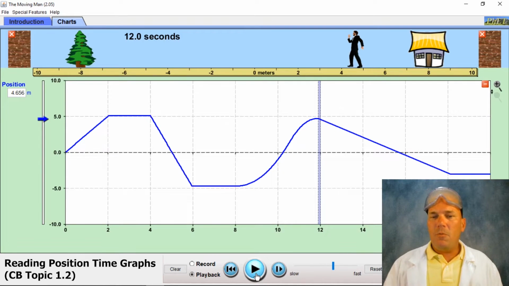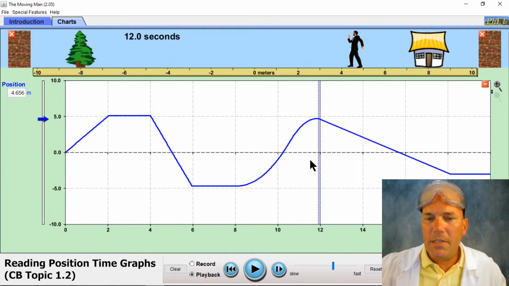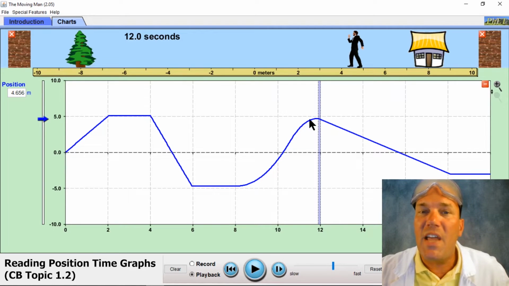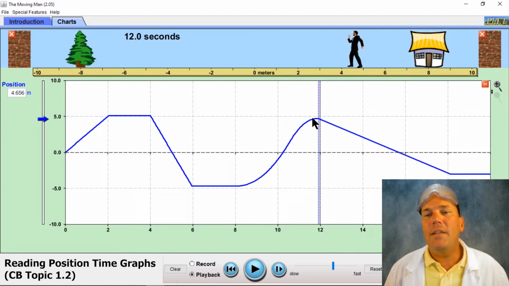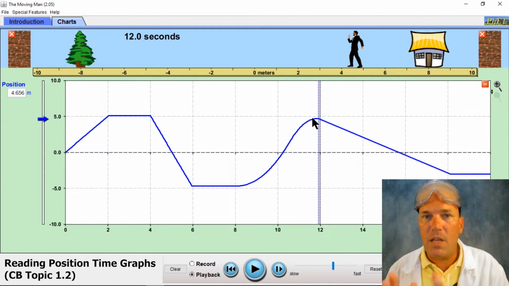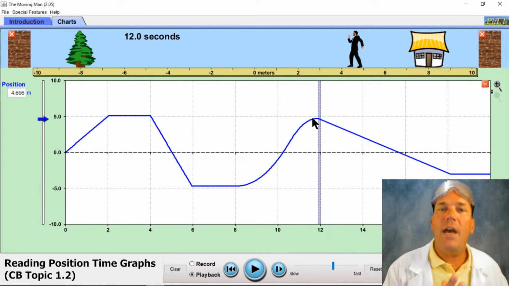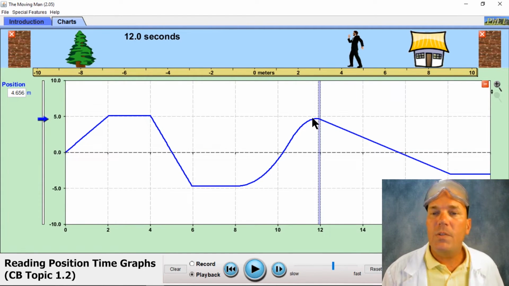We have a segment where it was somewhat constant here. However, then right around here, right after 10 seconds, we see curvature that's very pronounced again. And indeed, this is where the man is slowing down. So it's another acceleration, except this acceleration is now in the negative direction or to the left.